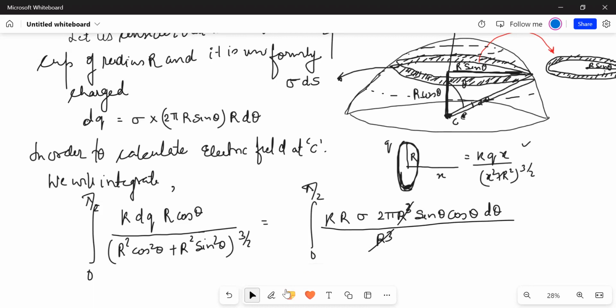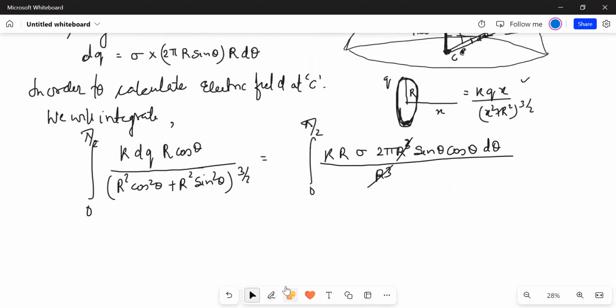Now let us calculate this integration. I don't know why this r is here. This r should not be here, sorry.